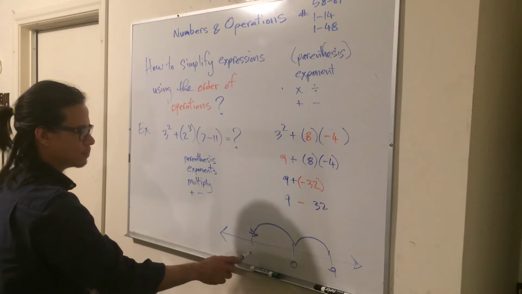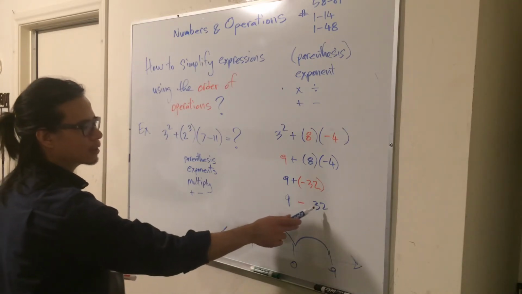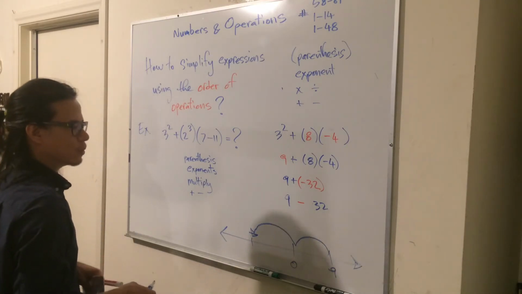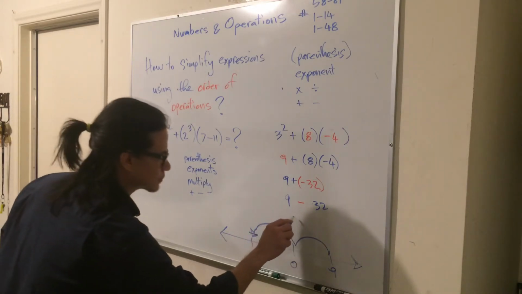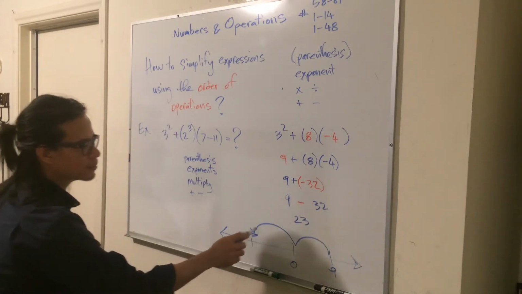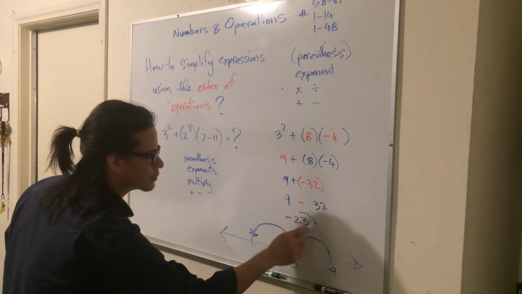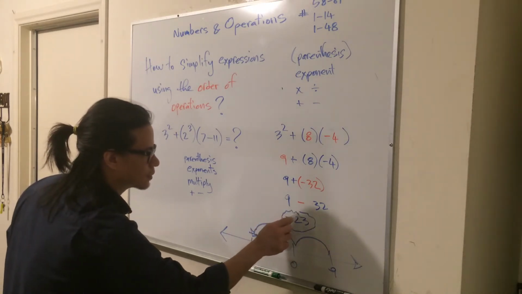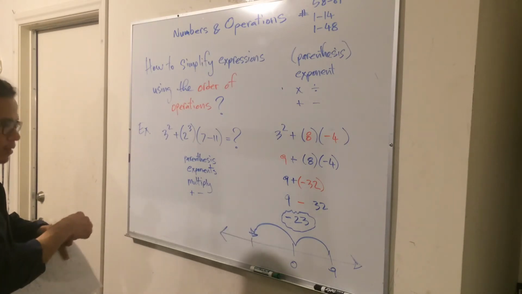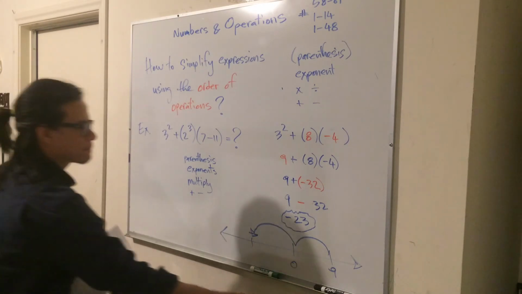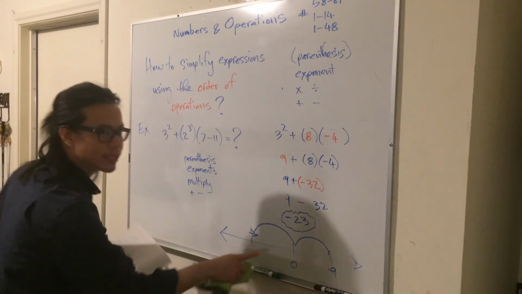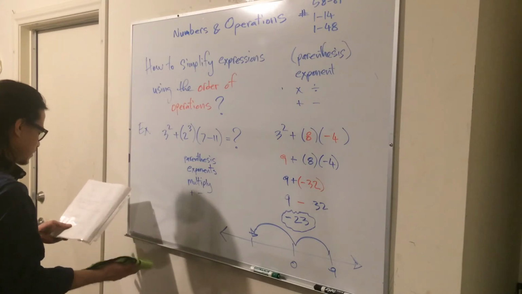And where this is going to be is, well, we're going to take 32 minus 9, and that is equivalent to 23. Because it's going to be on the left side of 0, it's going to be negative 23. When in doubt, draw out your number line.